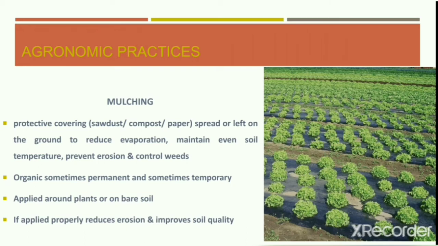Mulch can be applied around the plants or on bare soil. Mulching is used commercially and in home gardens. If you are applying it correctly, mulching significantly improves the quality of the soil and reduces erosion.